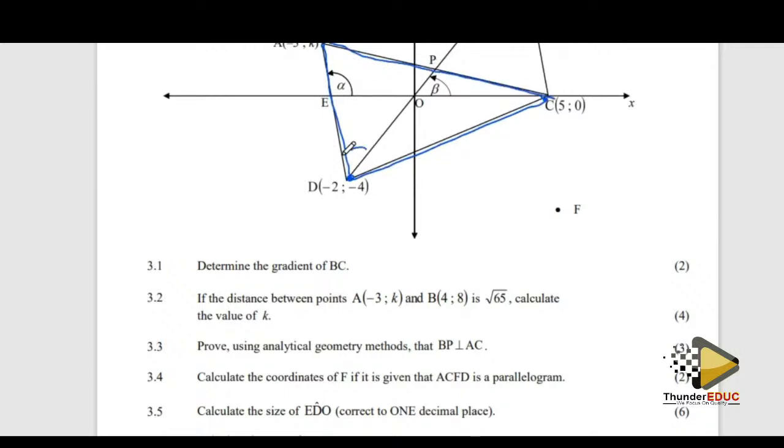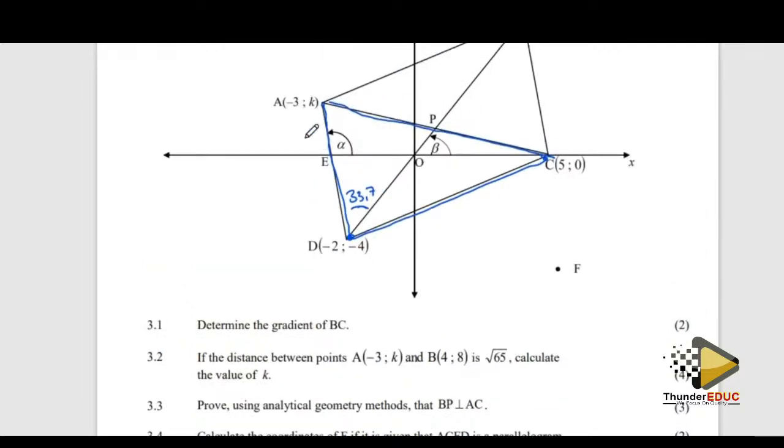Since we got this as 33.7, and they told us that this is a parallelogram according to the information that was given, then even this bottom part must be 33.7 because the diagonal bisects these angles. If that is true, we can find this distance AD, and we can also get the distance DC.